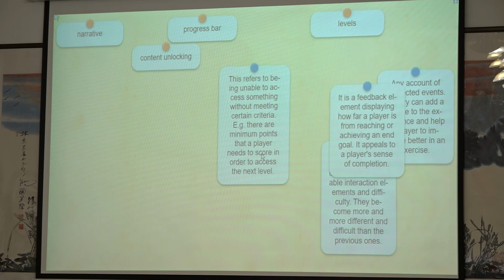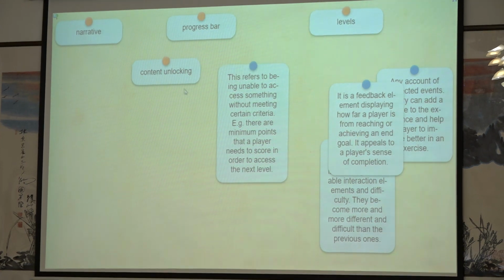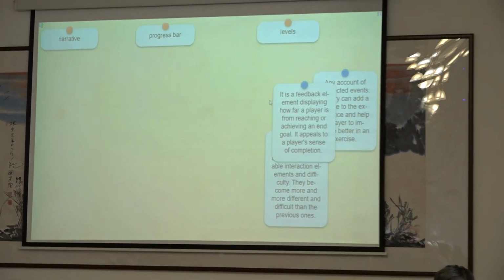This is the element of content unlocking. Yes, because you cannot go on until you reach something, so it is in a locked state, and then when you do something, it becomes unlocked, and then you can go on. This is the content unlocking.